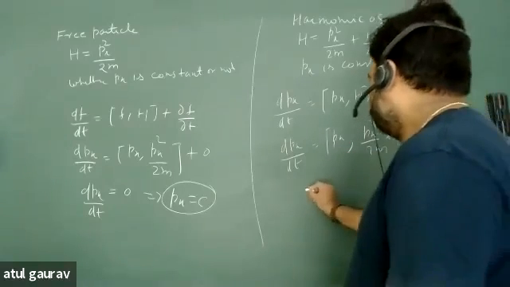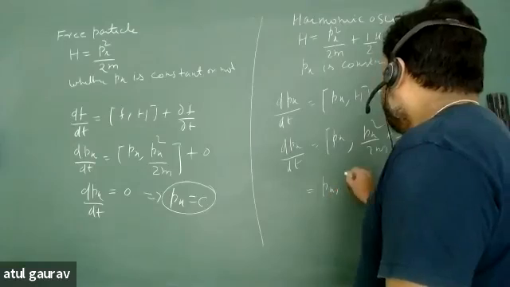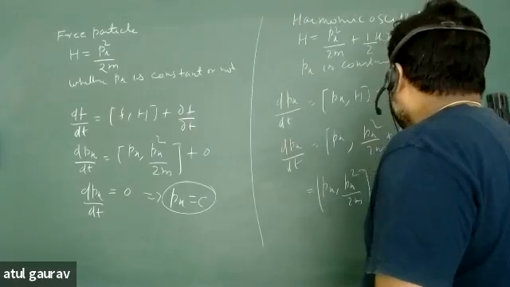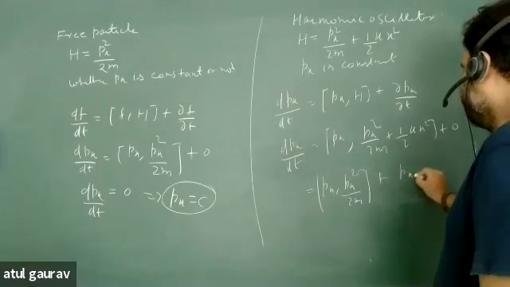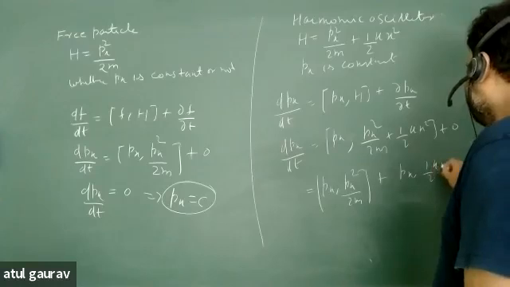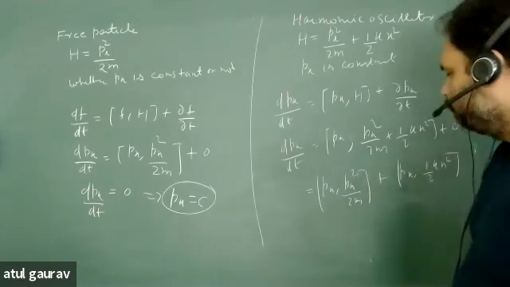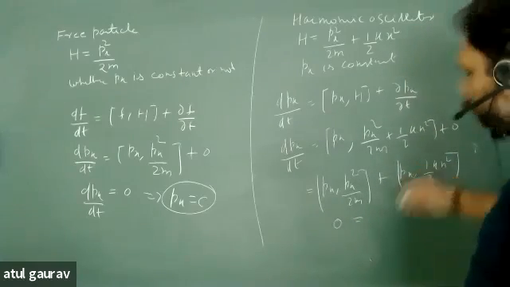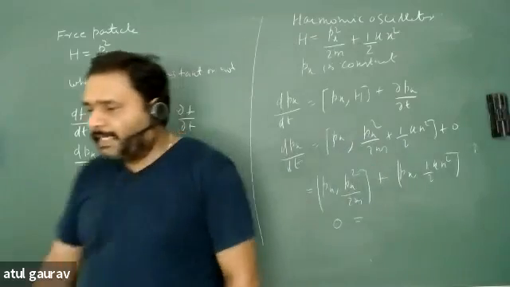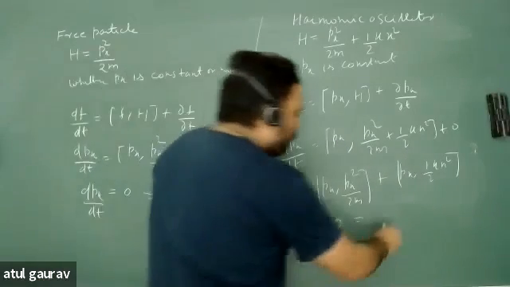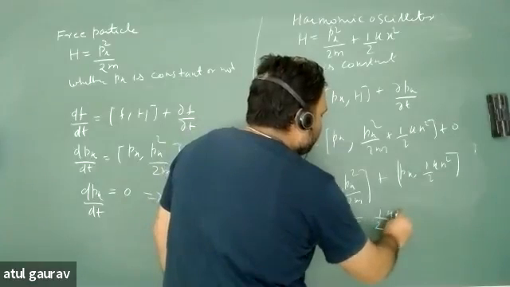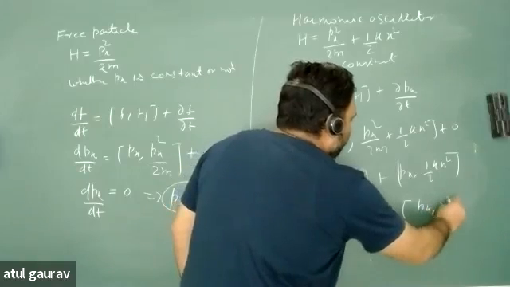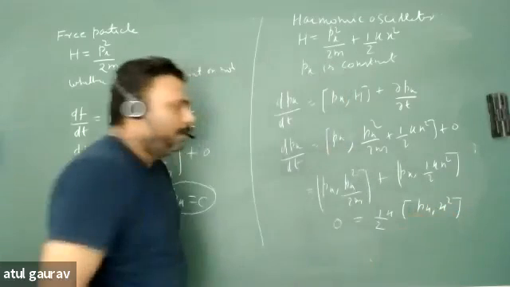We have two commutation rules. First is [px, px square upon 2m], and here we have [px, half kx square]. So the first value is 0, and to calculate the second, I can take half k common. We have [px, x square]. So what will be [p, x square]?